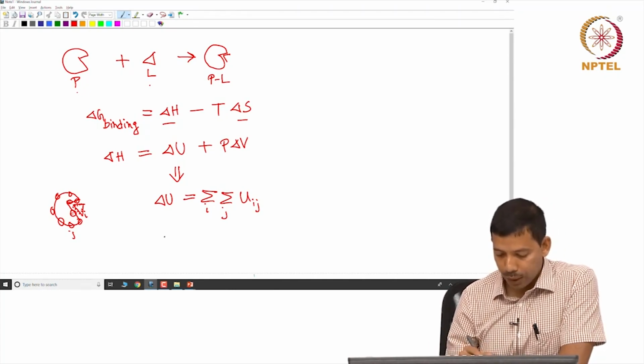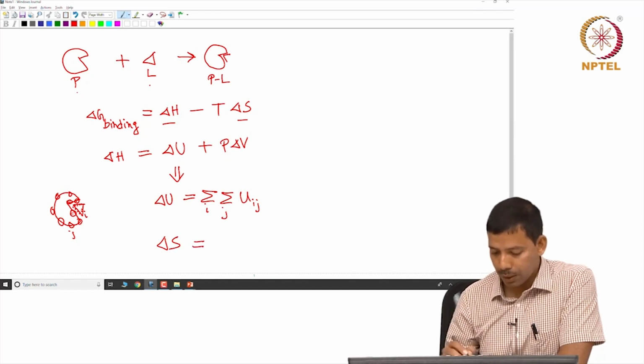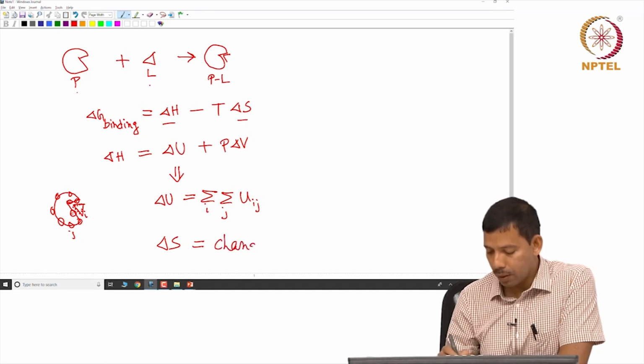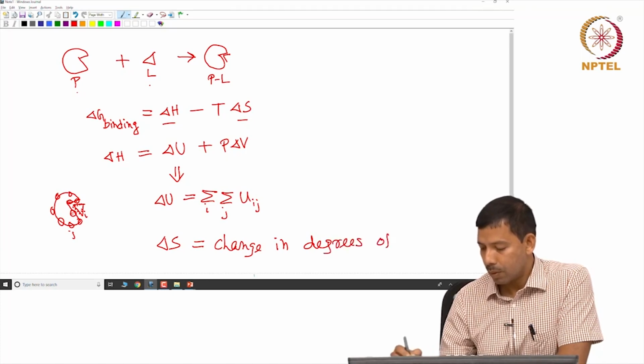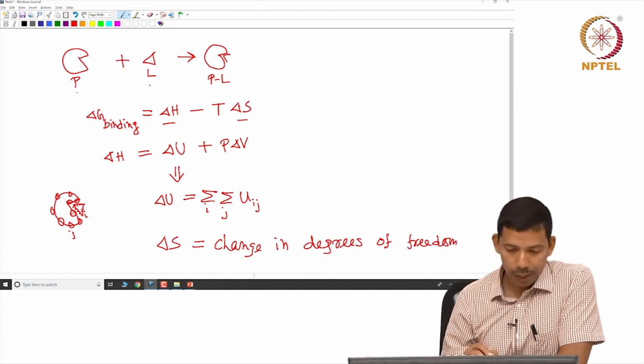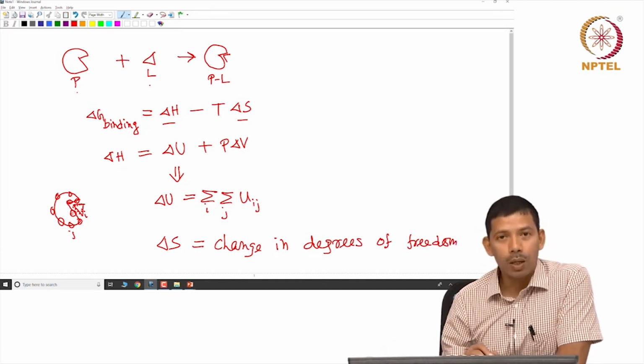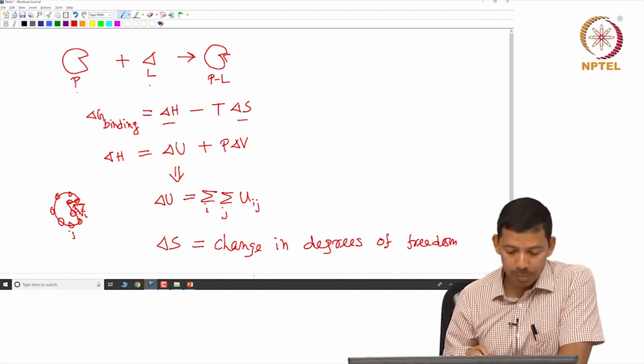Likewise, to get the entropy, you calculate from statistical mechanics the change in degrees of freedom of the ligand and protein due to the binding of the ligand to the protein active site.